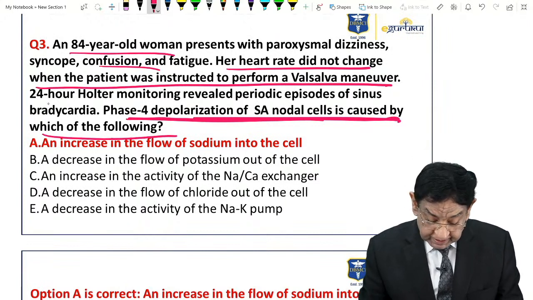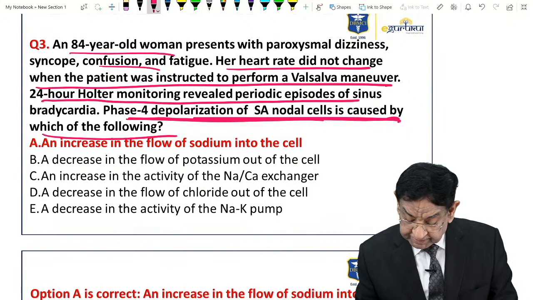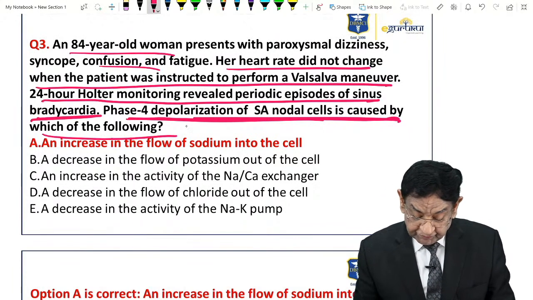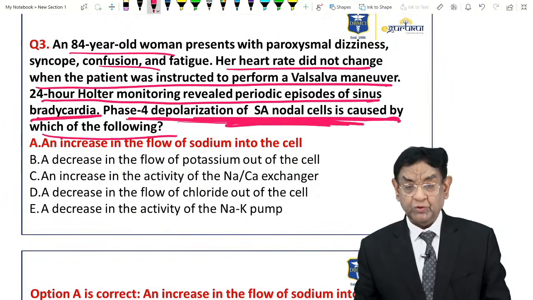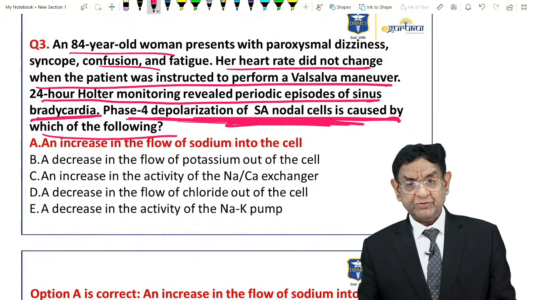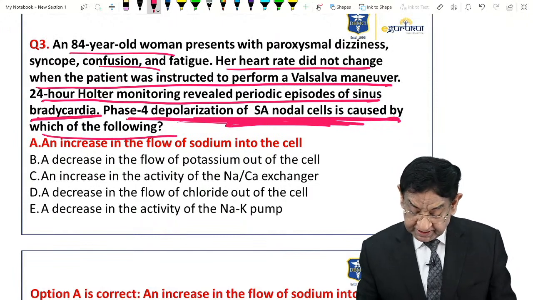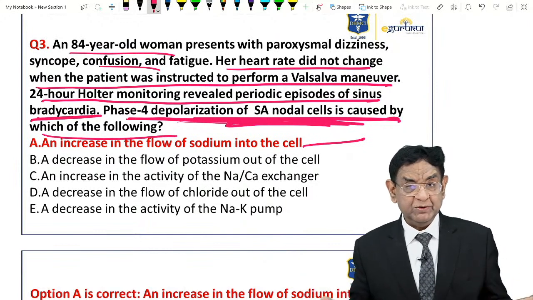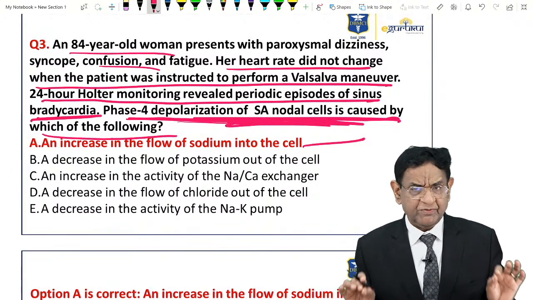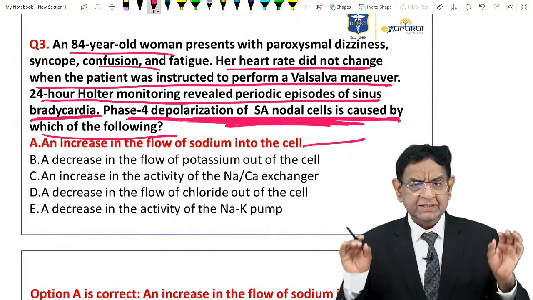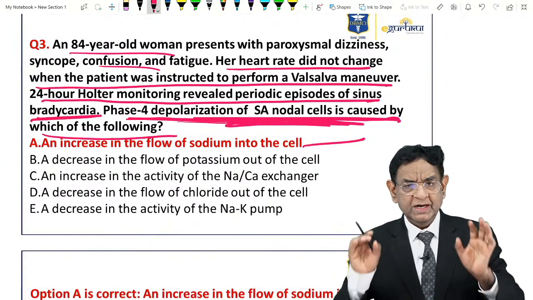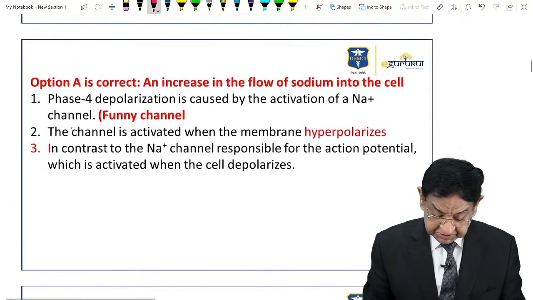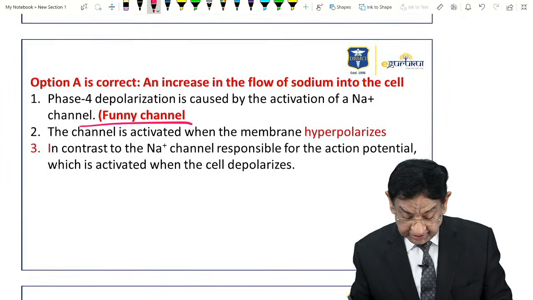In a 24-hour Holter monitor, there was a period of sinus bradycardia. Phase 4 of the SA node: a straightforward question. The increased sodium entry into the cell. I think I don't need to discuss this question. He straightforwardly asked what happened in phase 4. The answer is sodium entry via funny channels.